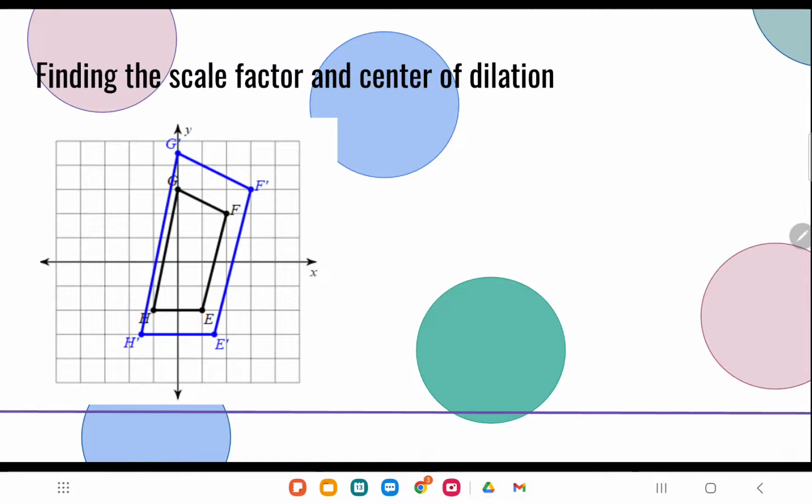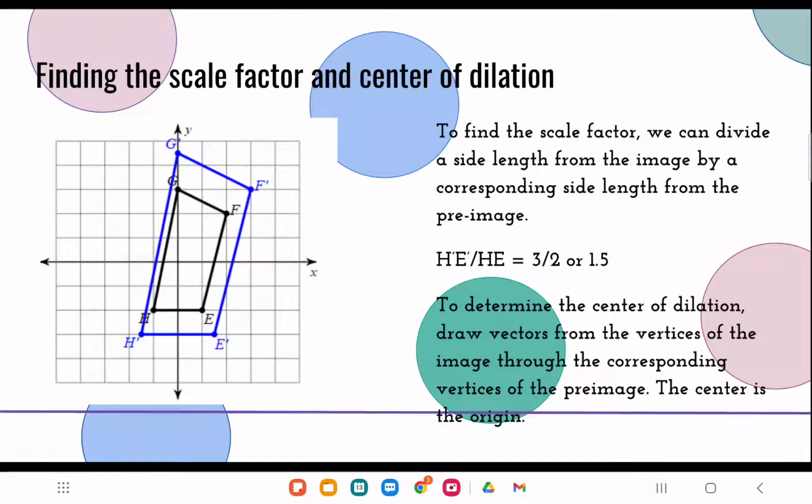Okay, finally, to find the scale factor and center of dilation, I'm going to draw all of my vectors passing through the coordinates of the image and pre-image vertex. We can divide a side length from the image by a corresponding side length from the pre-image. We can see here, this is pretty easy to do.